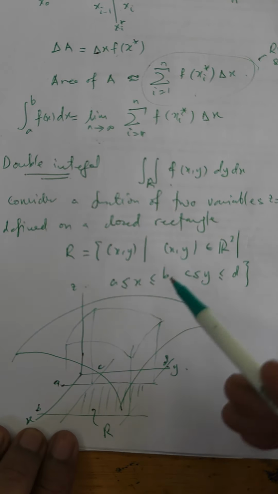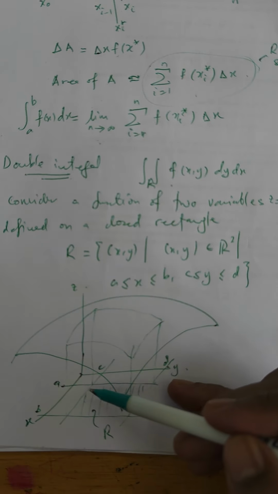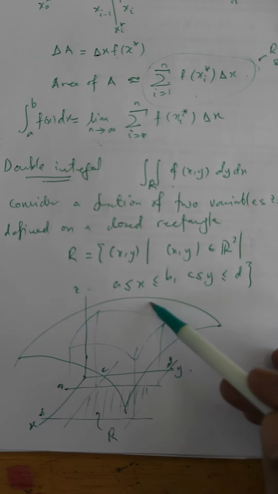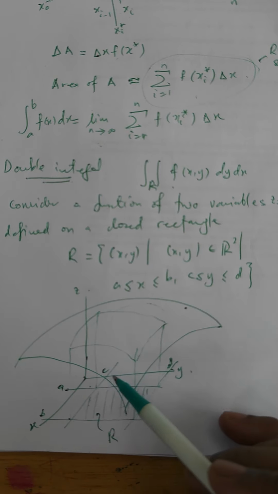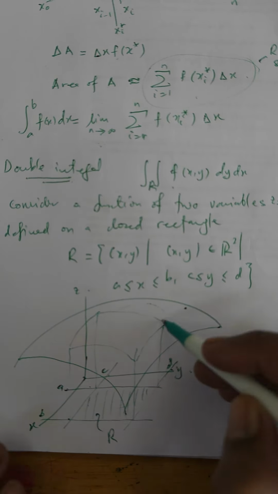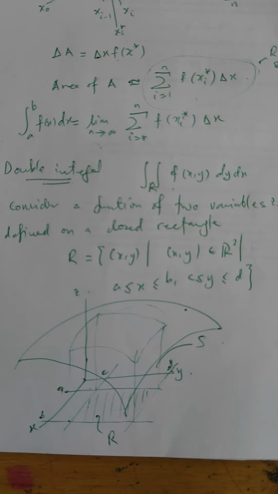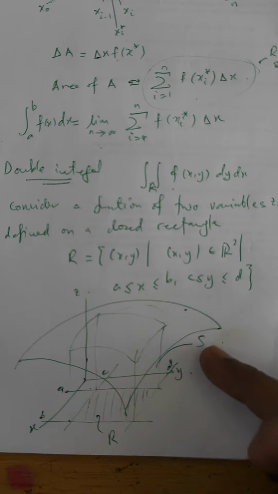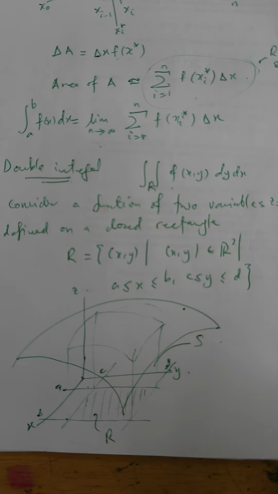Now this solid here, bounded by the surface over x in [a,b], y in [c,d], let's call it S. The purpose now is to find the volume of S. So how to do it?